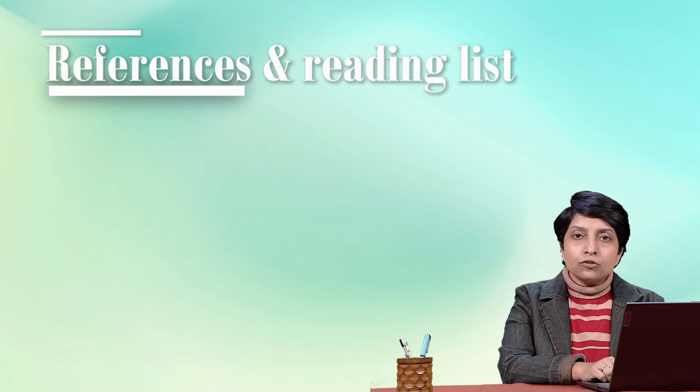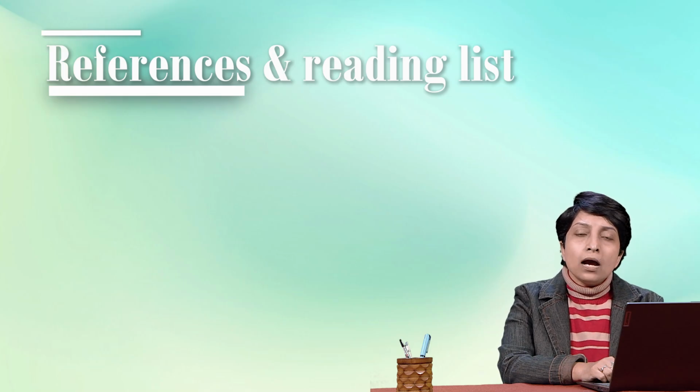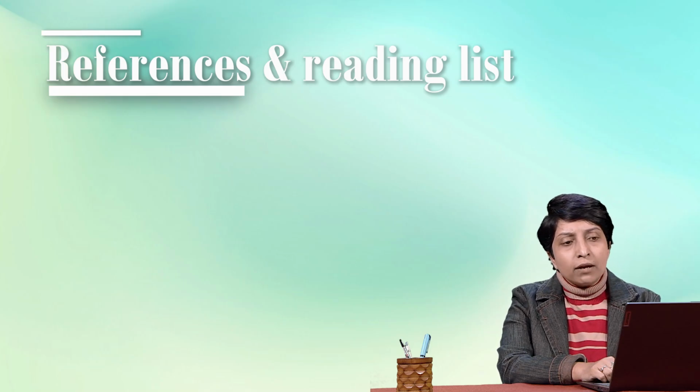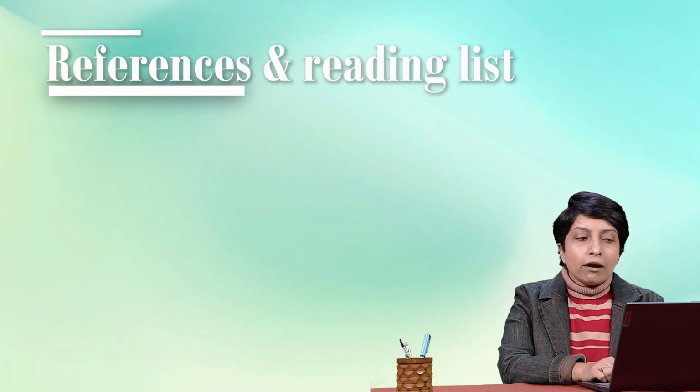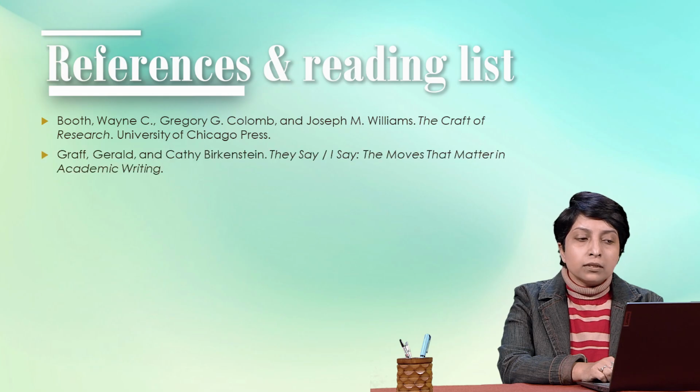Finally, here is a list of references and further reading that can help our students to have a deeper understanding of how to go about academic writing. The Craft of Research, published by the University of Chicago Press. The Moves That Matter in Academic Writing.